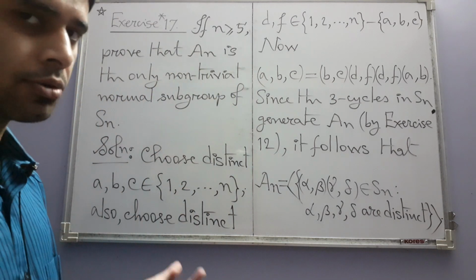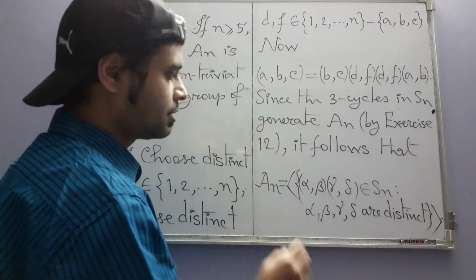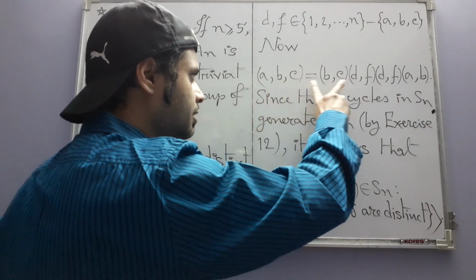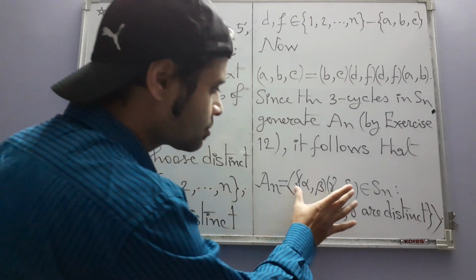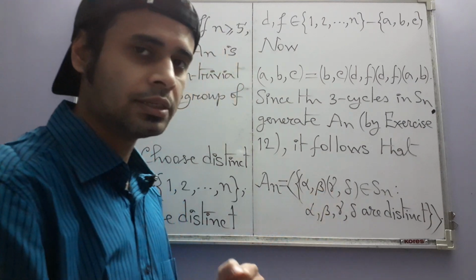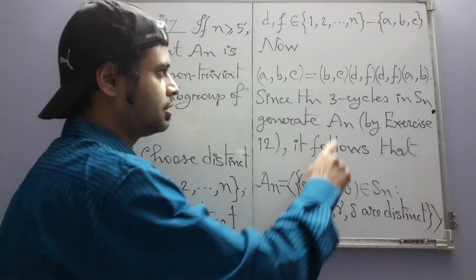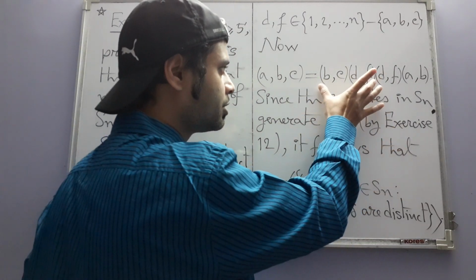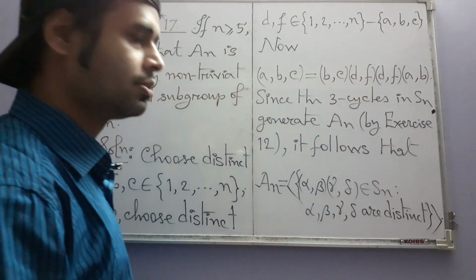But exactly how? Let us see. What is this equation telling us? This equation is telling us that any 3 cycle is a product of 2 elements of this type, where alpha, beta, gamma, delta are all distinct. Do we have distinct things here? You see, B, C, D, F are all distinct, 4 distinct elements, and then D, F, A and B are also distinct.